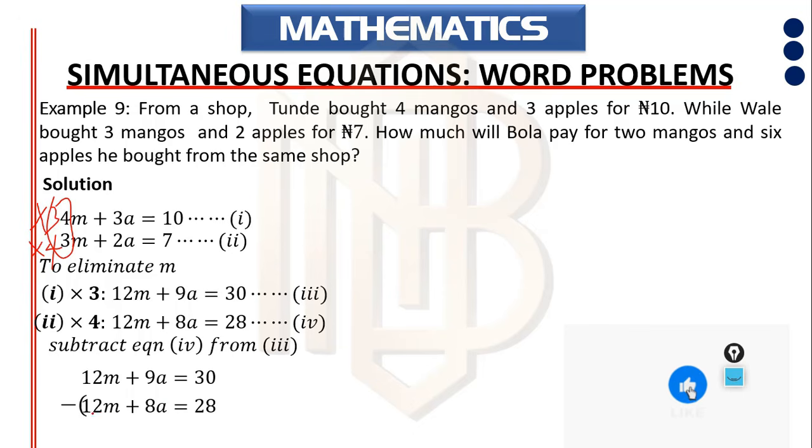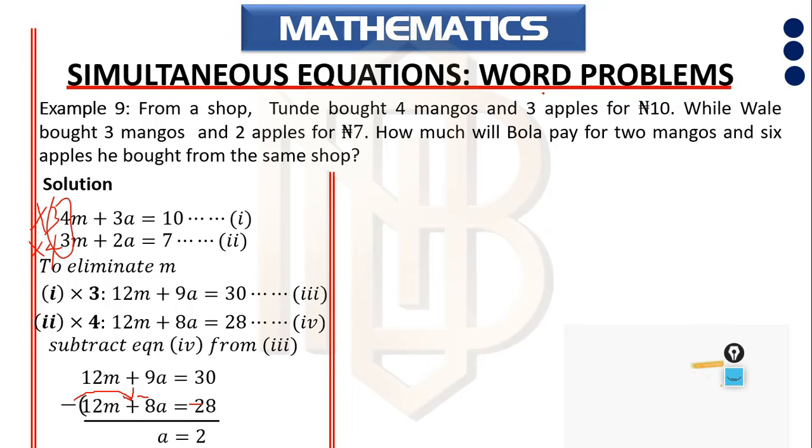So by subtracting, it implies that 12 minus 12 is 0. 9A minus 8A. Don't forget the minus we cut across everything. So minus times plus will give us minus. So that's minus 9A minus 8A, and the same thing will happen here, minus. So that means we have A equals 2.